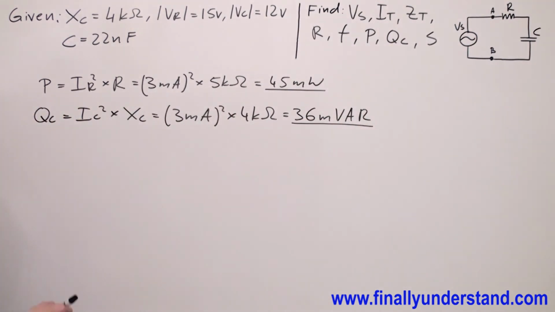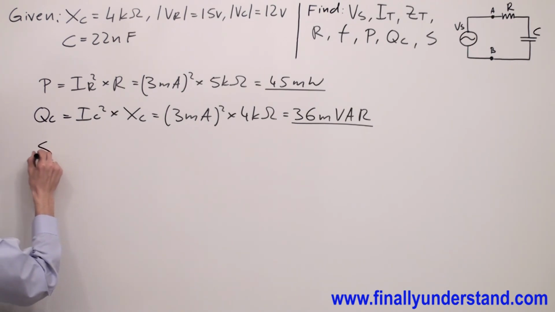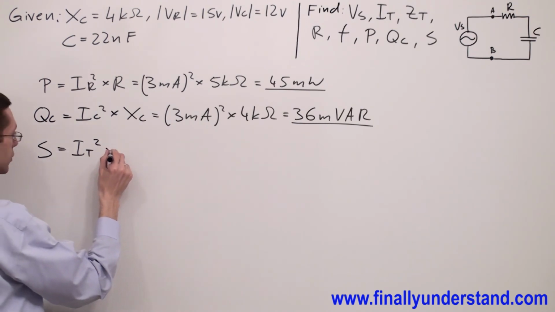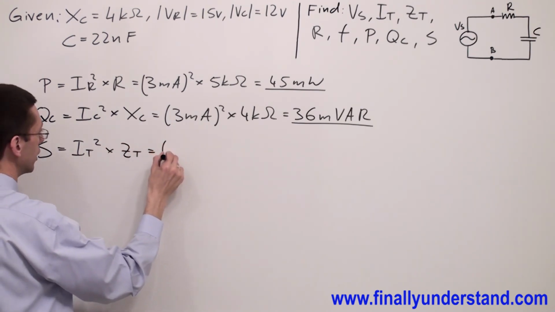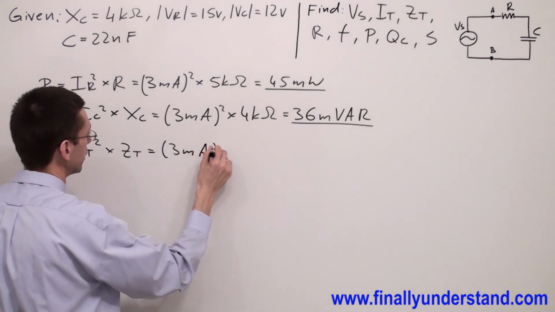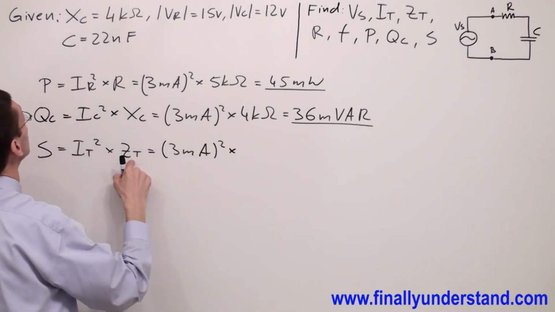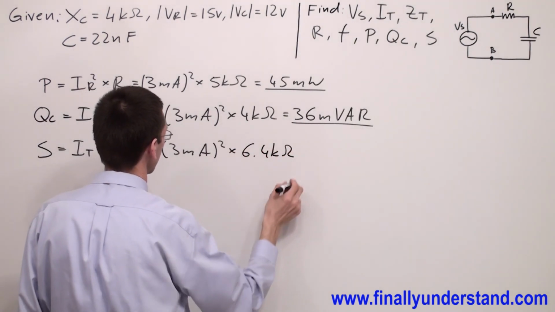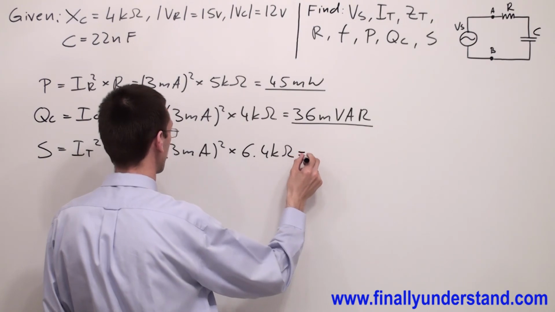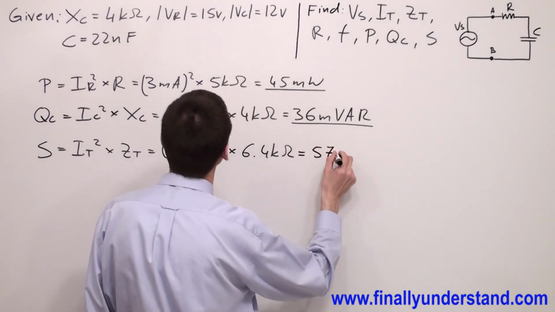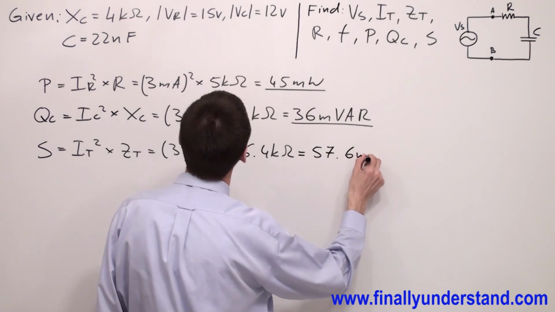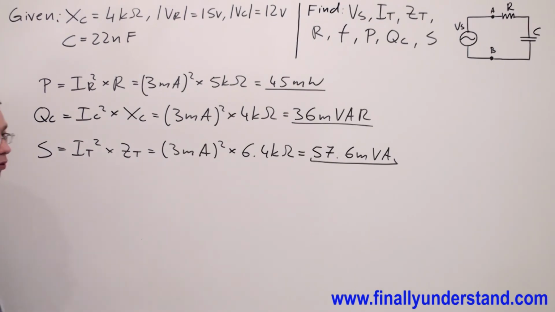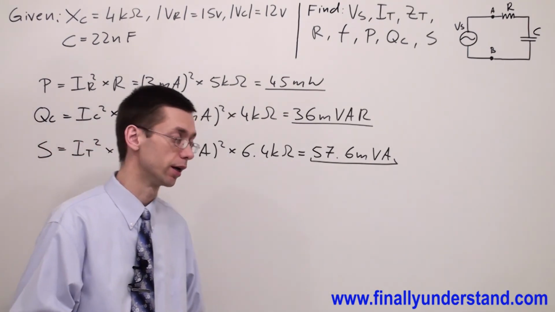Next, we're supposed to find the apparent power. S is equal to I total squared times Z total, which is equal to 3 milliamps to the second power times Z total, 6.4 kiloohms. This is equal to 57.6 millivolt-amperes.